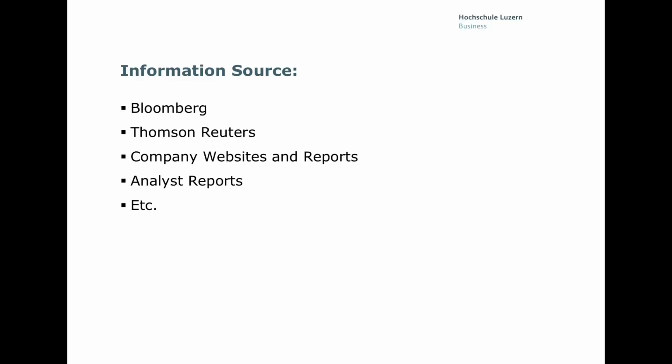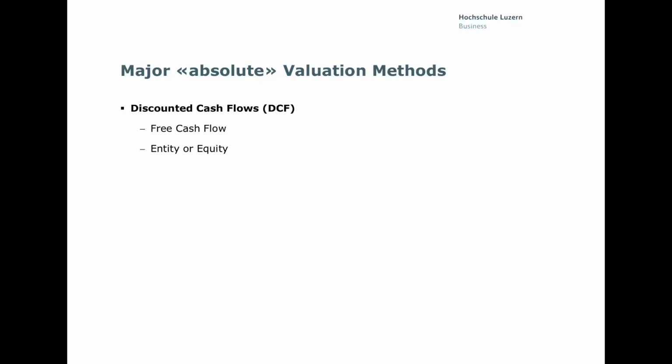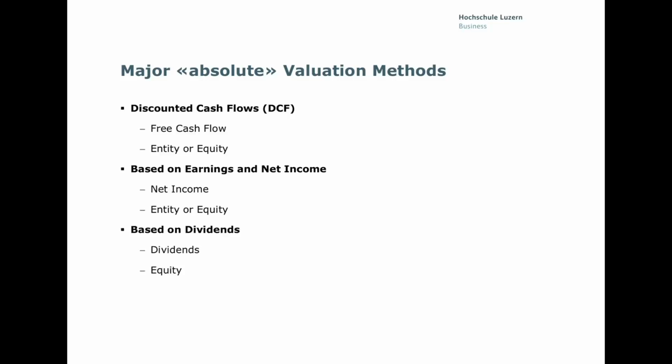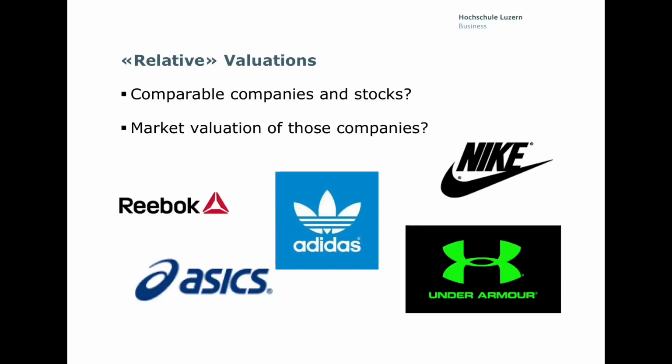For a more detailed view of the company, analyst reports of banks or consulting firms are very helpful. Major absolute valuation methods are discounted cash flow, DCF, methods based on earnings and net income, and methods based on dividends.